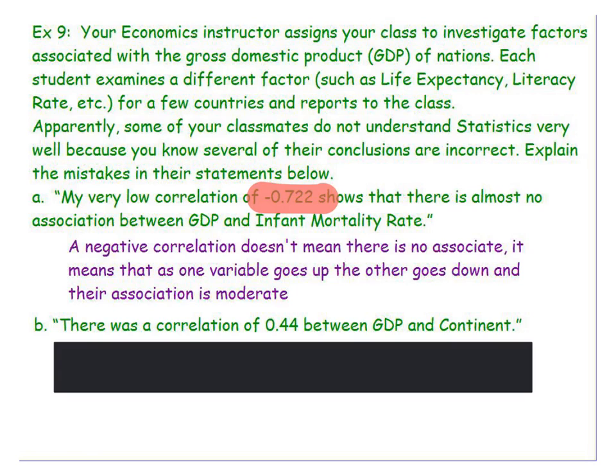Okay, so the next one. There is a correlation of 0.44 between GDP, gross domestic product, and continent. Well, GDP is a number associated with each nation, but continent, that's like Asia, Africa, Europe.